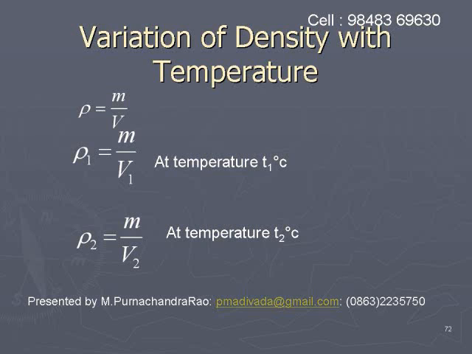The mass remains constant, but the volume increases by heating. Hence, V1 is equal to m by rho 1 and V2 is equal to m by rho 2. These are the relations, densities at different temperatures.